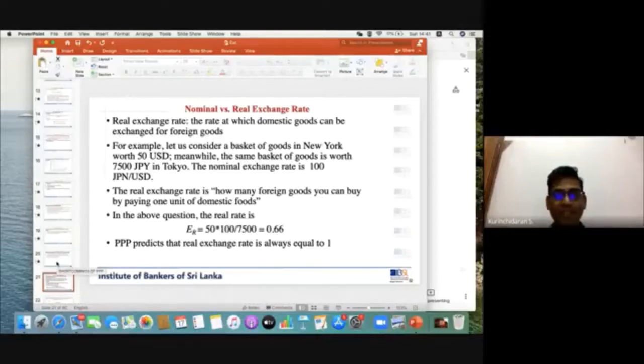There's a basket of goods in New York. In New York, you take a basket of goods, different goods in a basket, that's sold at $50. The same basket of goods is worth 7,500 yen in Tokyo.